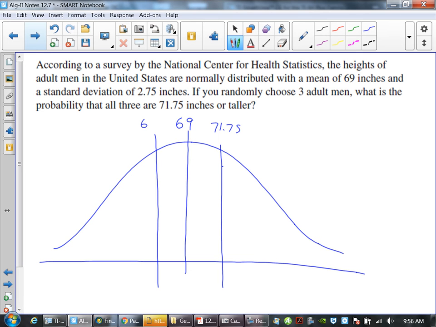So 66 and a quarter. Add another 2.75, you get 74.5. Add one more, we're at 77.25.